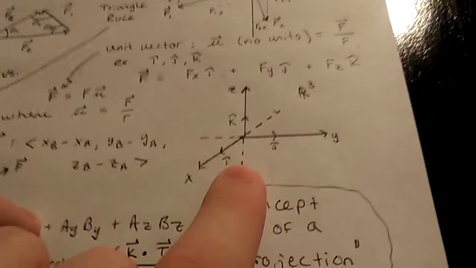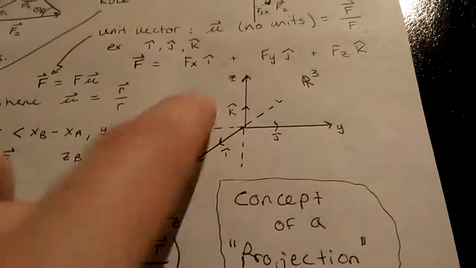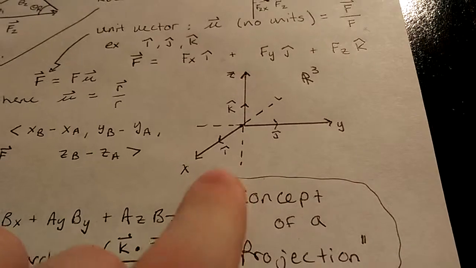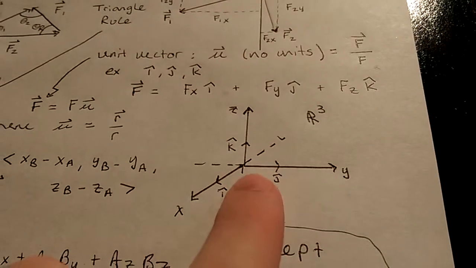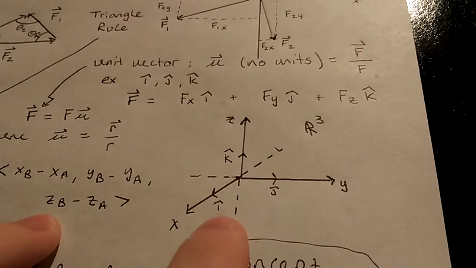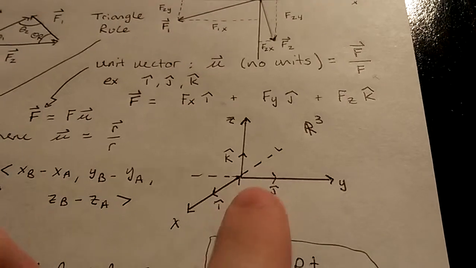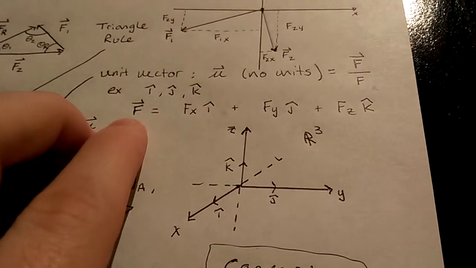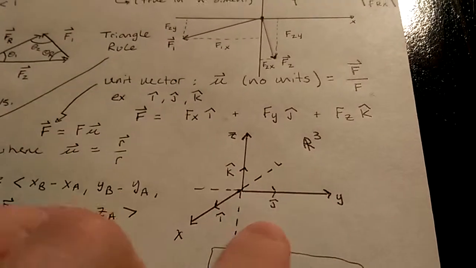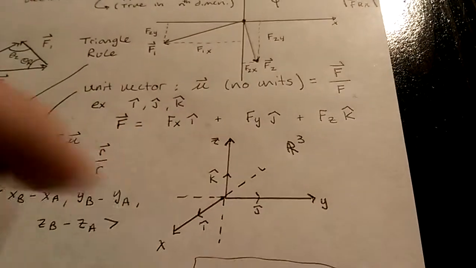So if we have ijk in the third dimension in the rectangular coordinate system and the Cartesian system, you can say, well, the i hat here is scaled by fx, which is, for this particular vector, the component that's projected along the x-axis.